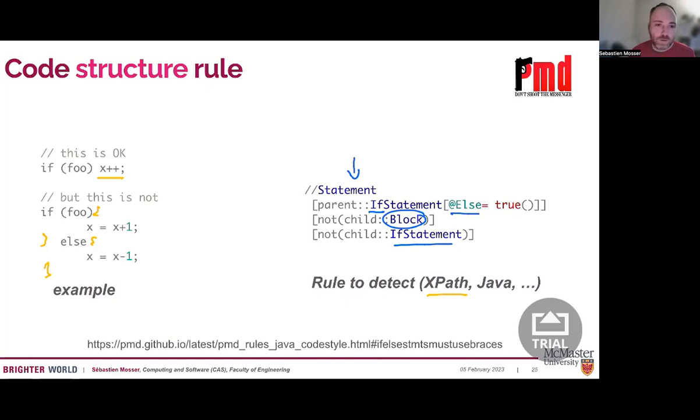Okay, the syntax is terrible. XPath was invented like 20 years ago, and that's terrible syntax, but you get the idea. I can write a program that detects that there is something wrong: I'm in an if, there's an else, and I'm not part of the block. So if this is the case, then I'm violating this Java convention.